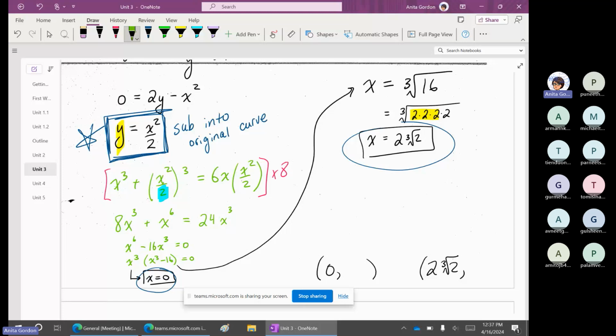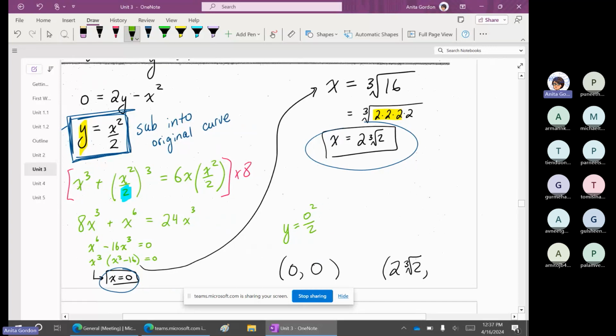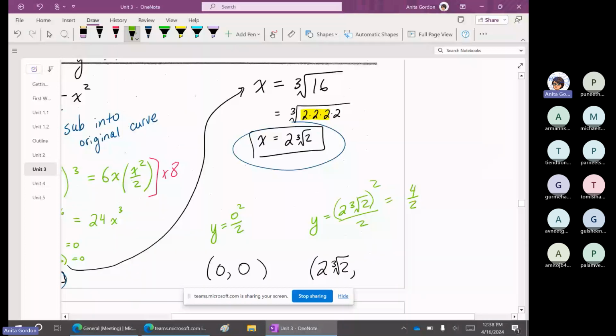So that means this y is going to be 0 squared over 2. So 0, 0. This one is going to be y equals 2 cube root 2 all squared over 2. This one's going to be a little ugly. I'll have 4 over 2 times 2 to the power of 2 over 3.